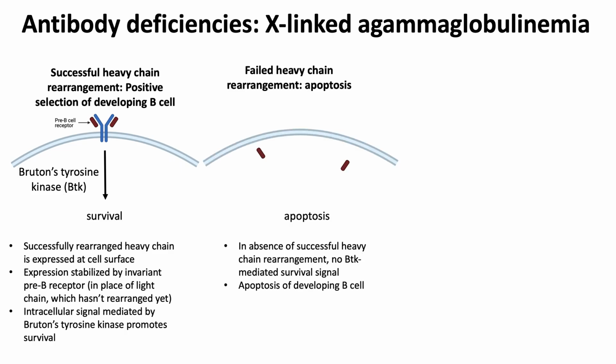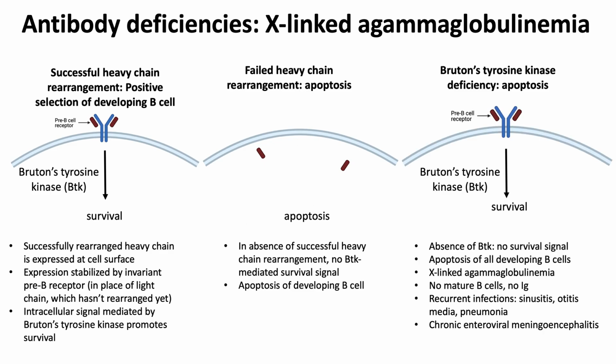In the absence of successful heavy chain rearrangement, developing lymphocytes undergo apoptosis by default. In the absence of Bruton's tyrosine kinase, even when heavy chain rearrangement is successful, the cell has no way to signal to itself that it has undergone a successful heavy chain rearrangement because the signaling pathway is now impaired due to the absence of Bruton's tyrosine kinase.